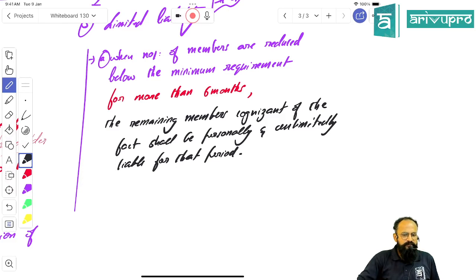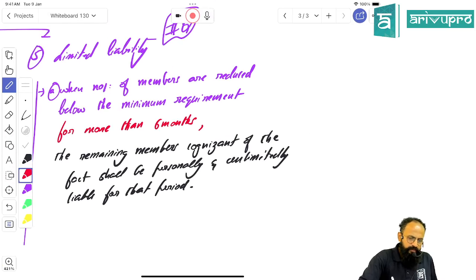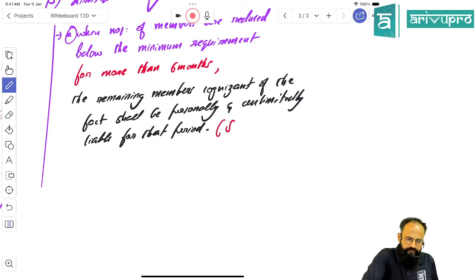This is also called Section 3A. Important, remember only this one.